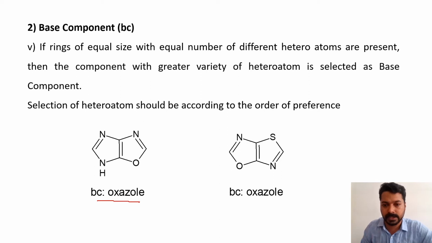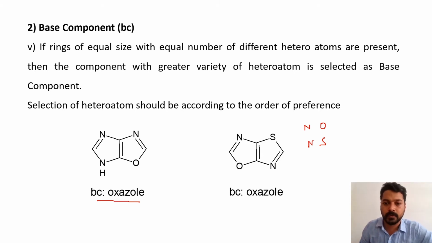Again, if you come to this one, you can see that here it is oxygen and nitrogen. Nitrogen is given the first preference. Next, it is nitrogen and sulfur.